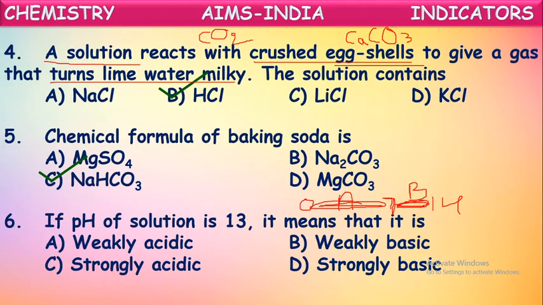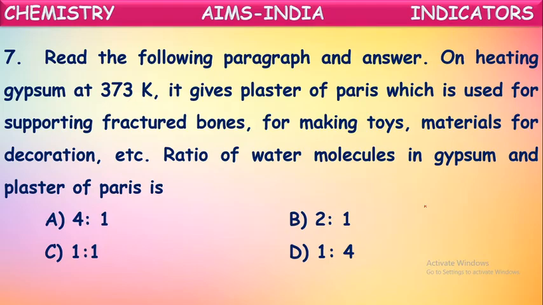Okay, next one. Read the following paragraph and answer it. On heating gypsum at 373 Kelvin, it gives plaster of Paris, which is used for supporting fractured bones and for making toys, materials for decoration, etc. Now, the ratio of water molecules in gypsum and plaster of Paris.